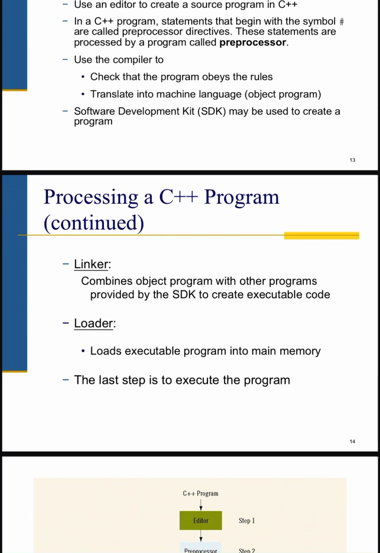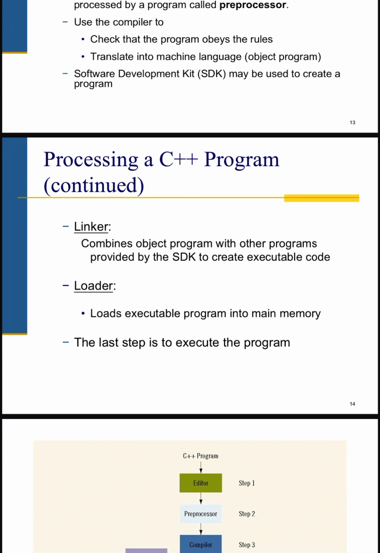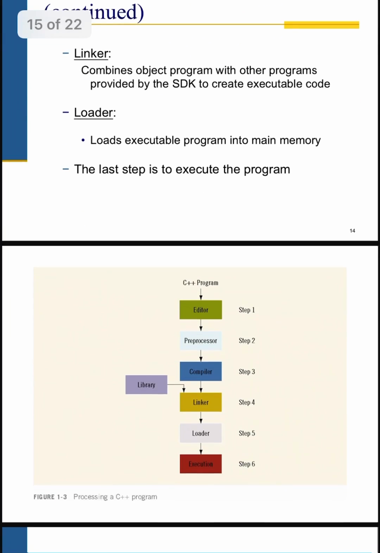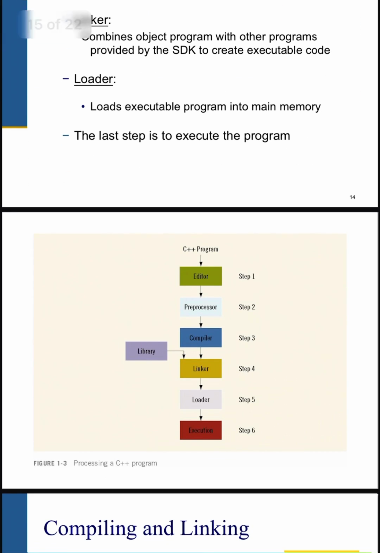And the loader loads the executable program into main memory. The last step is to execute the program. So these are the steps in a C++ program. You get a C++ program with an editor, which is step 1.